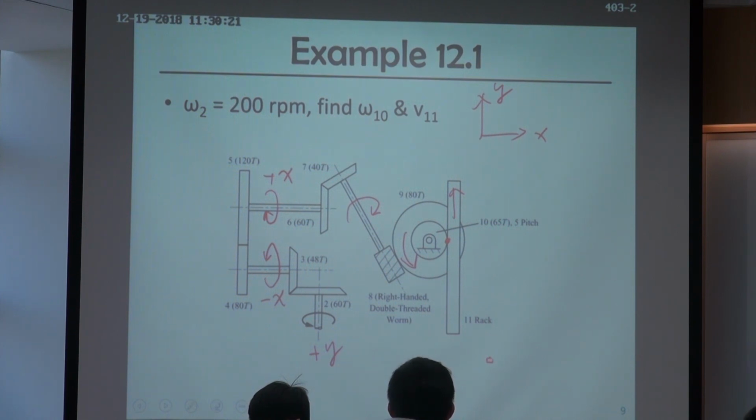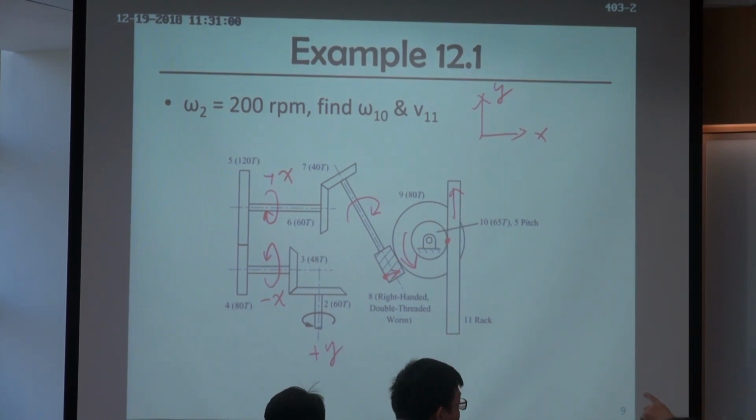You pay attention to a certain point. If it's rotating this way, then this point is going to move up. That means this line is going to move up, so that will push gear 9 in this direction. And if gear 9 rotates in this direction, gear 10 also rotates in this direction, and so 11 is going to move in this direction.